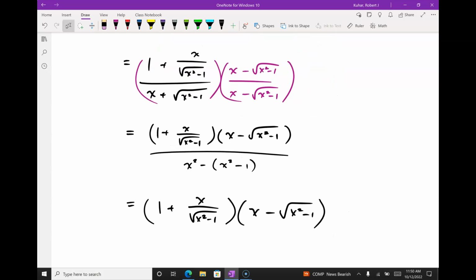So on this one, I don't know what to do. I could try and clear fractions now, or I could just FOIL.